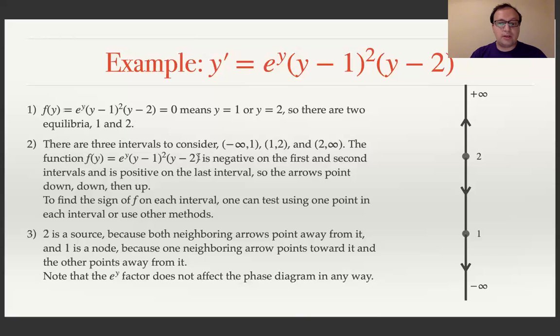In a similar way, let's look at the second interval from 1 to 2. If y is between 1 and 2, then e^y is still positive, (y - 1)^2 is positive, and y - 2 is still negative. So f is also negative on the interval from 1 to 2.